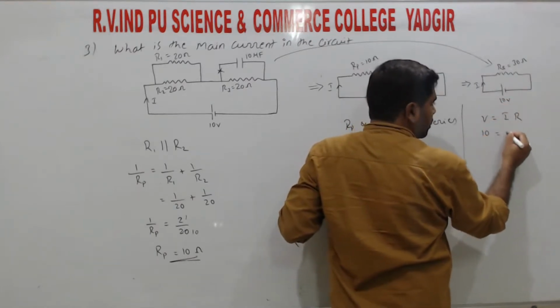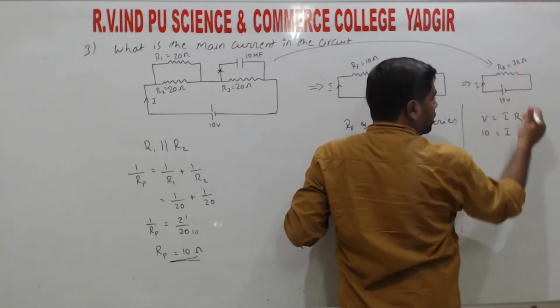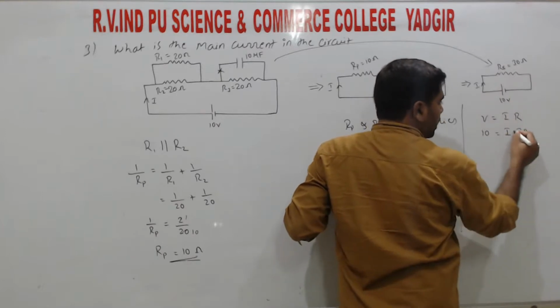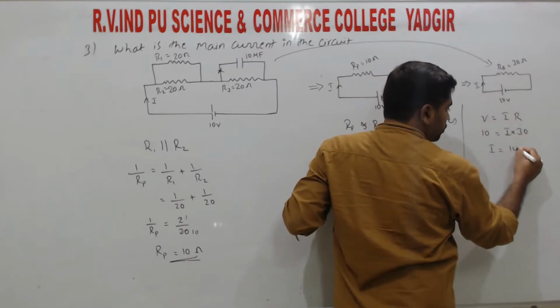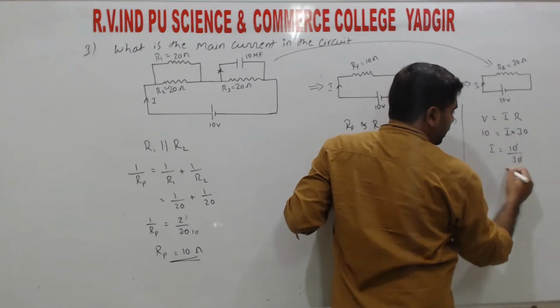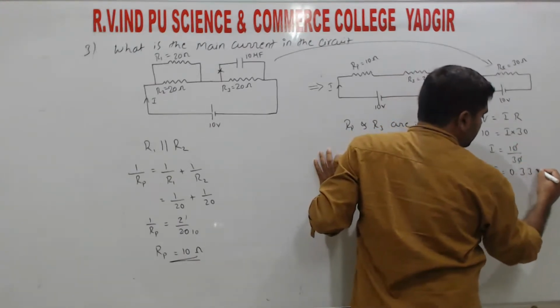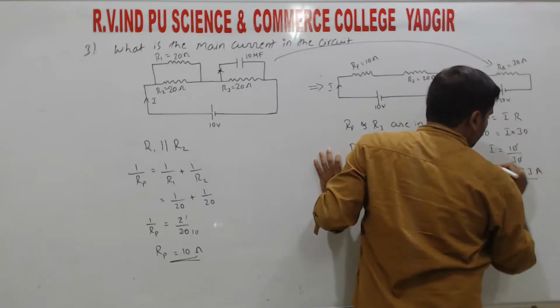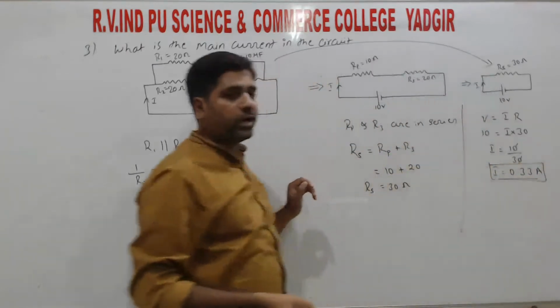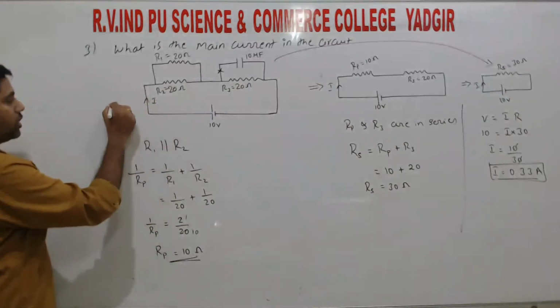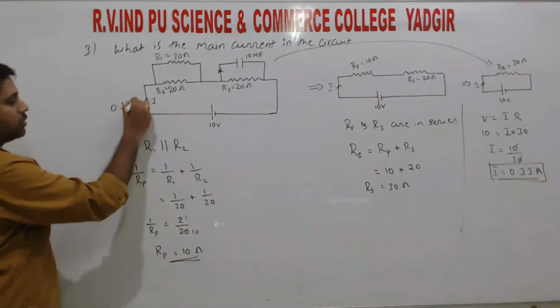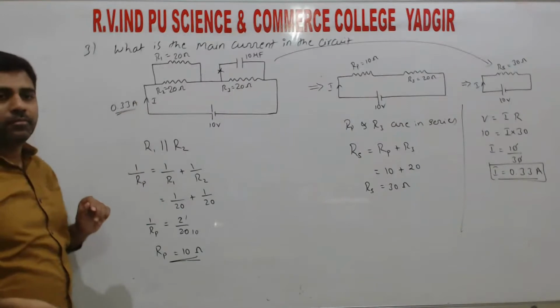The given V is 10, we need to find the current I, and we have the resistance 30. So I equals 10 by 30, which is 0.33 amperes. This is the final current which is flowing in the circuit.